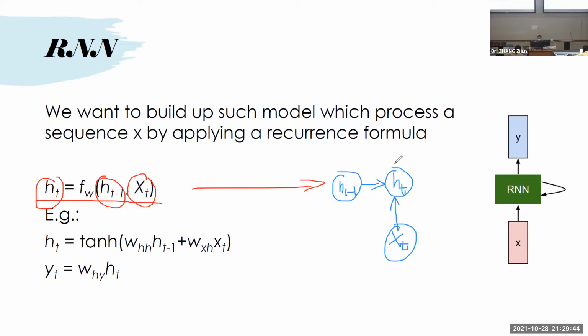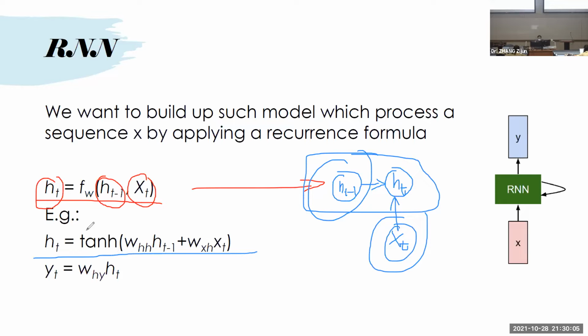Every h_t, the hidden layer, is computed based on the previous hidden layer and the current input. This recurrency is reflected here. For example, if the activation function is hyperbolic tangent, it is computed from a linear combination: the weights multiplied by the previous hidden layer plus the weights multiplied by the input.